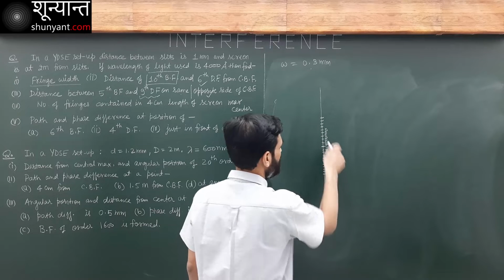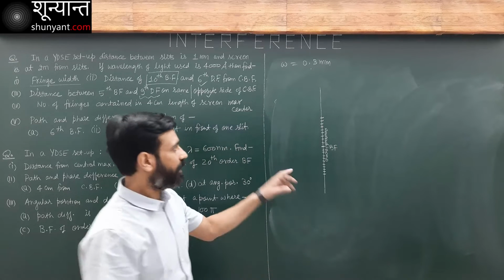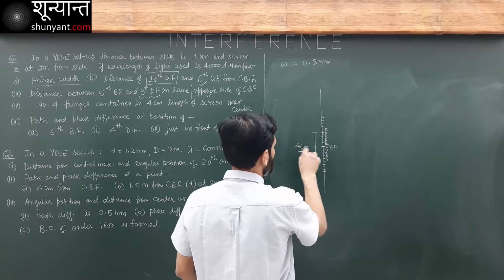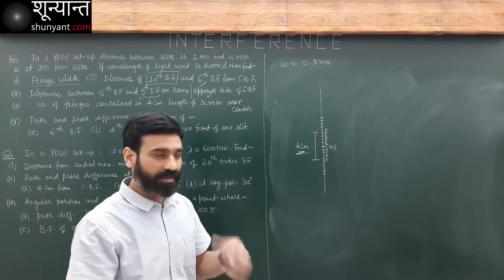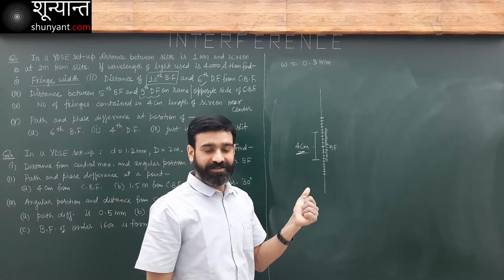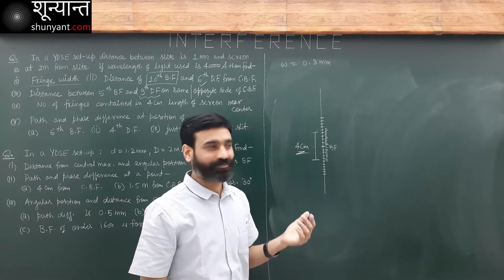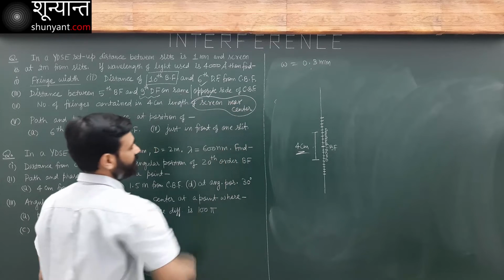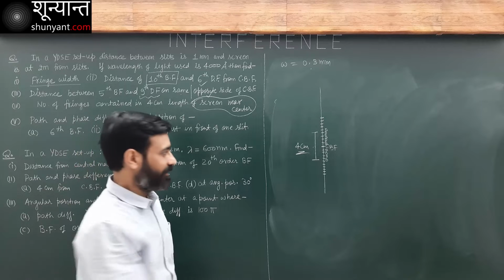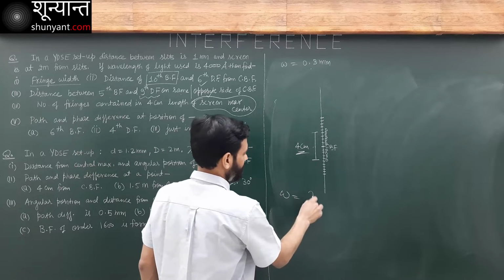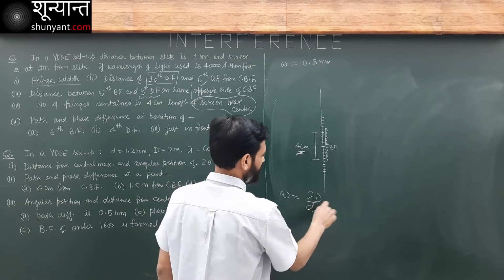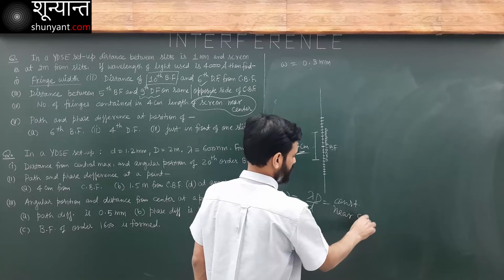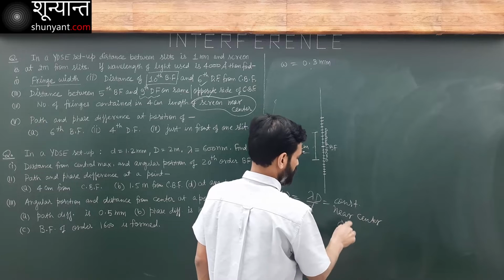The whole sequence. Now, if I consider a 4 centimeter length near the center, around the center, what is the significance of the screen near the center? This omega, lambda D over d, is constant near the center only.